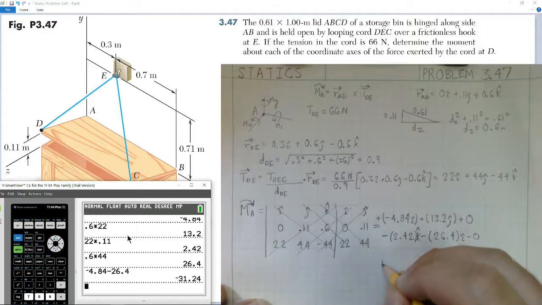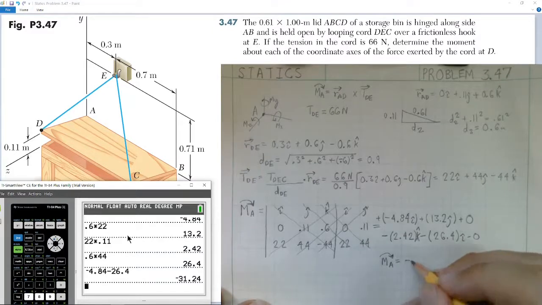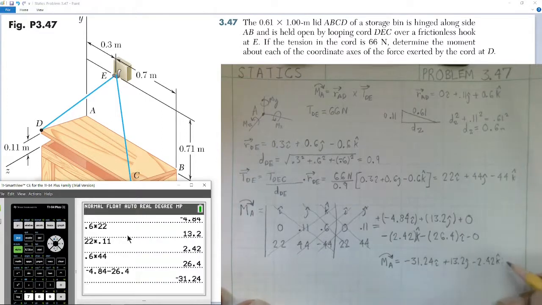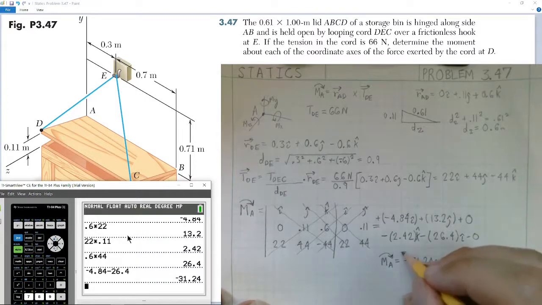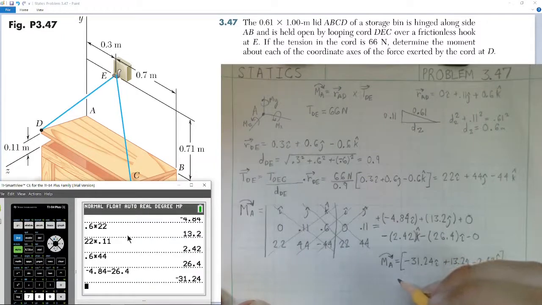So moment about A about the origin is equal to negative 31.24 i hat plus 13.2 in the j hat direction minus 2.42 in the k hat direction. And this has units of newtons for the force and meters for the distance, so newton meters.